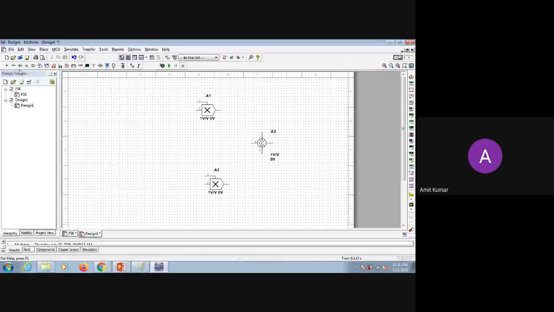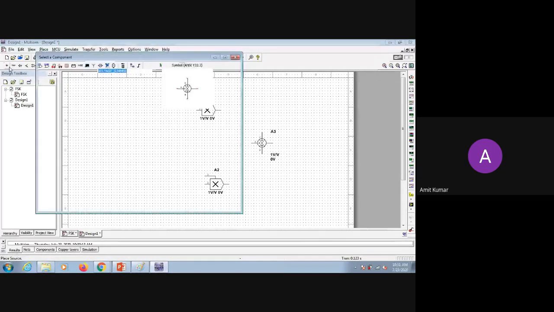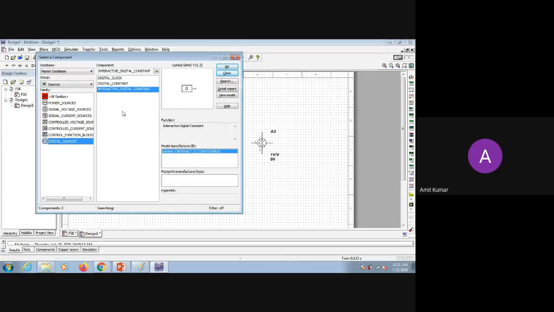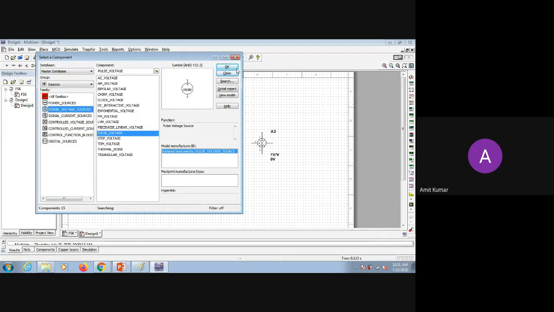Now we require two signals. We will take a pulse, which is a digital data. Then we need an inverter, and then we need two sine waveforms.